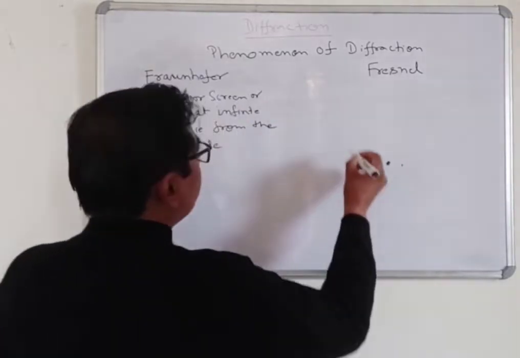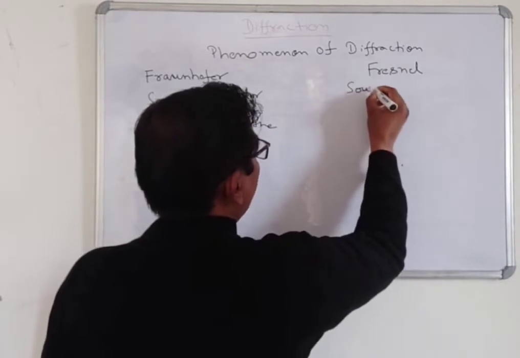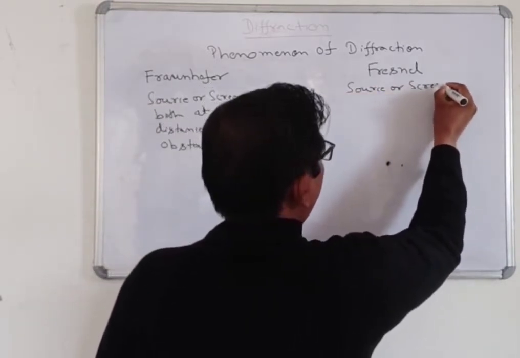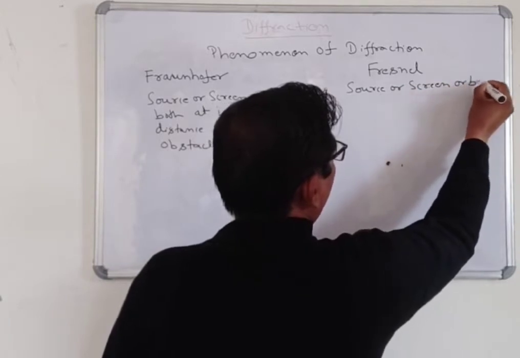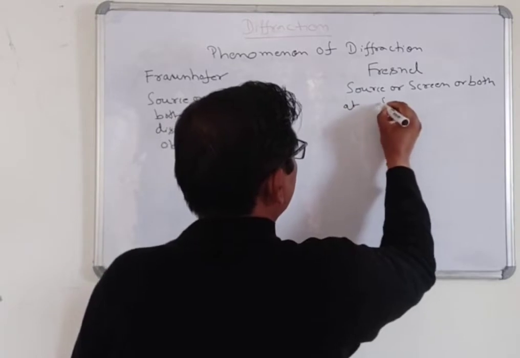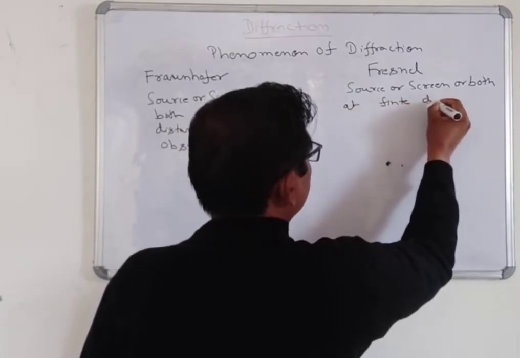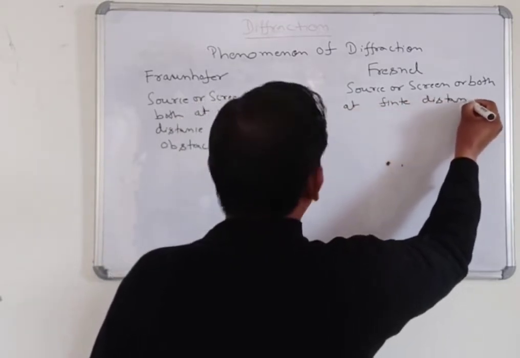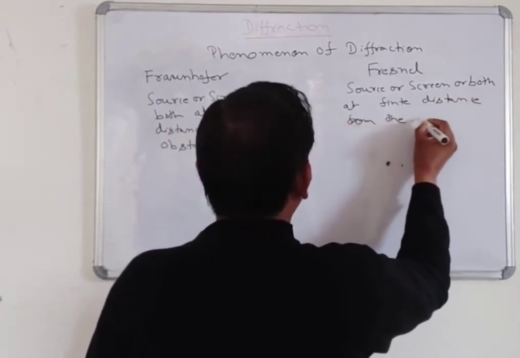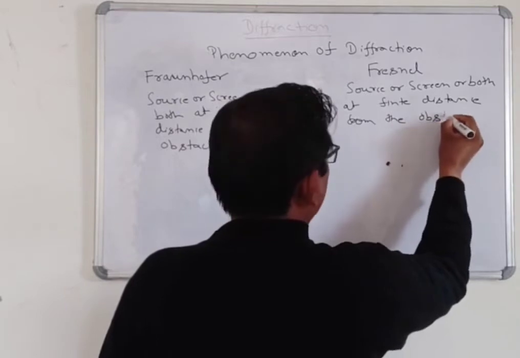Now in the other case, the source and screen are both at finite distance from the obstacle.